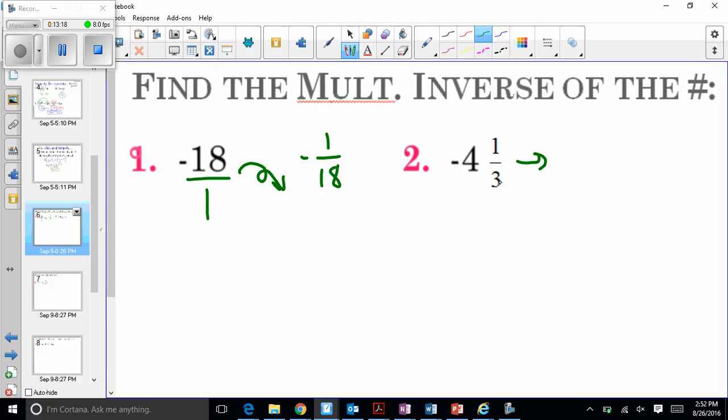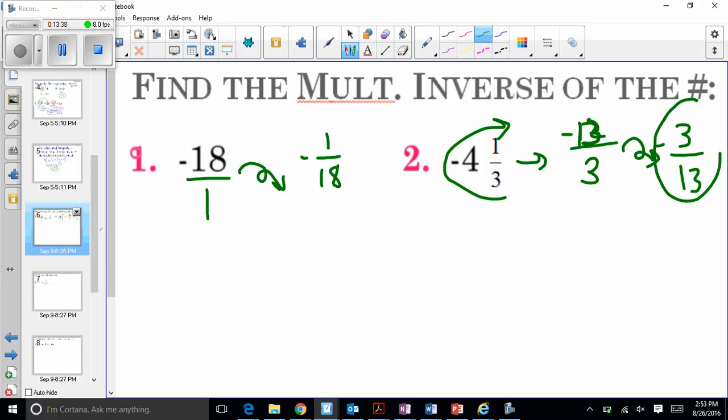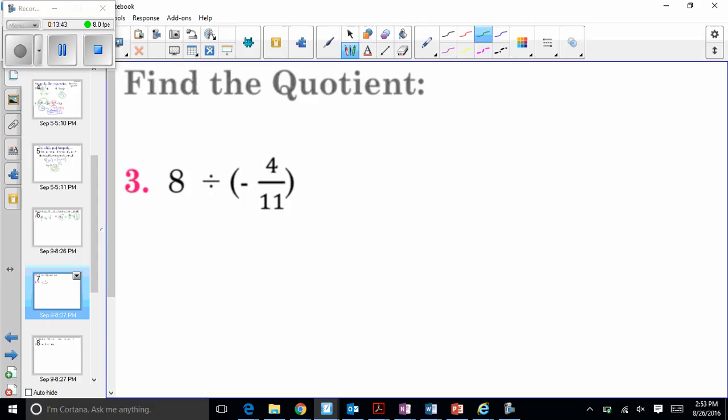Negative 4/3, if I make this into an improper fraction, is negative 12 plus 1, which makes 13 over 3, and it's a negative value. Then I flip it, so I get 3 over 13. Don't forget the negative sign. Moving on. Now I want to divide.